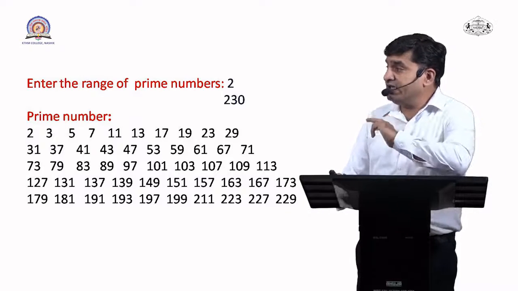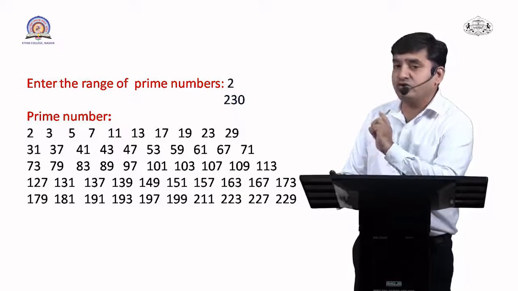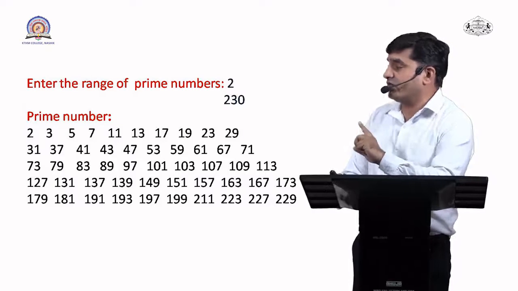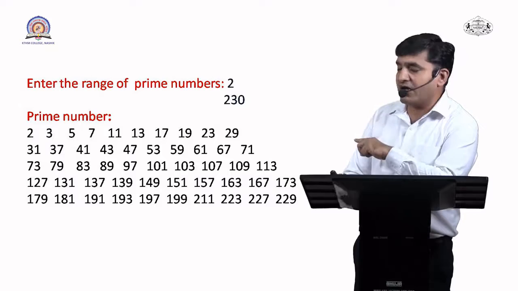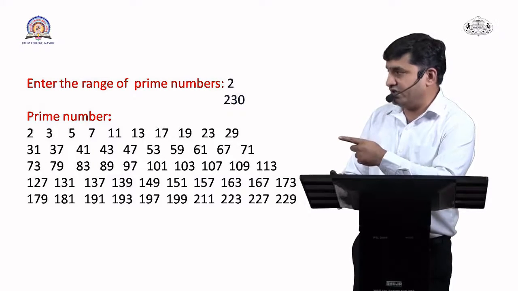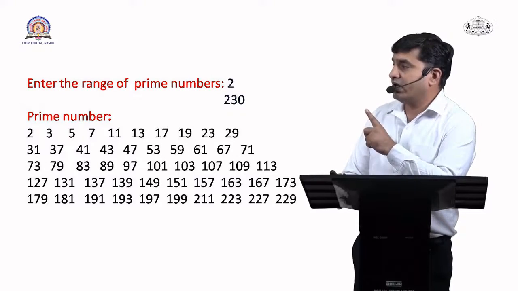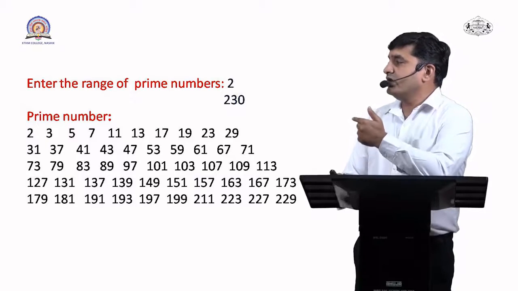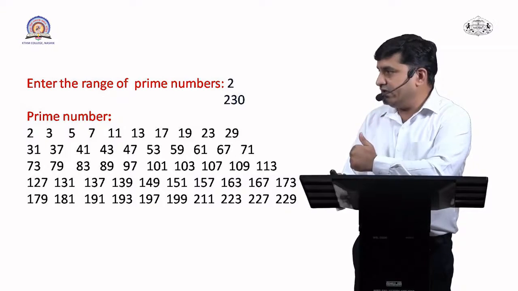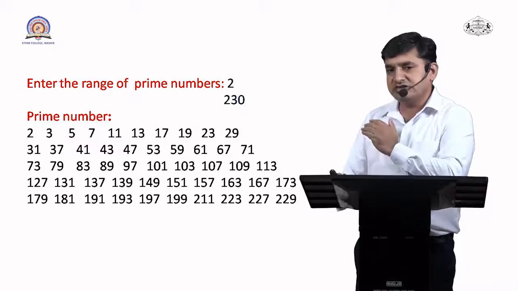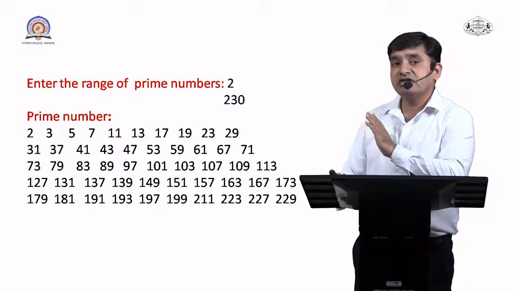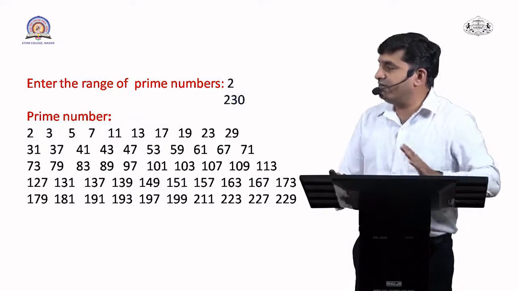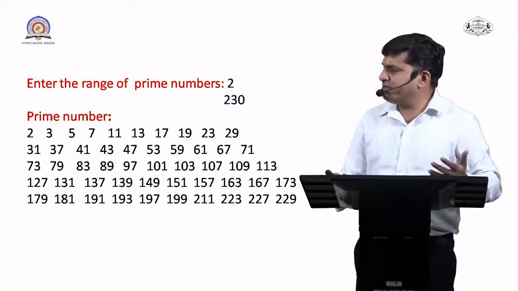This loop is executed up to d less than or equal to n minus 1, that is d is incremented by 1, so that it becomes 3. And again n is divided by d, check the condition, its remainder is equal to 0. If this is true, then again prime flag is equal to 0 and break.